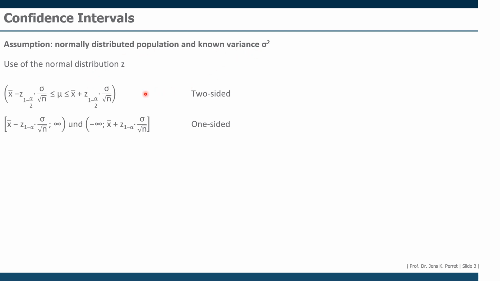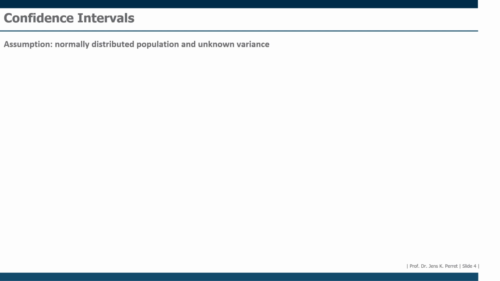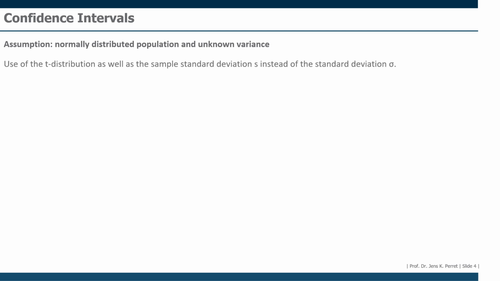Let's now, after we talked about this, discuss the version where we do not know our variance. That's the t-distribution version. Again, we assume a normally distributed population. We do not know the variance, so we use the t-distribution and calculate the sample standard deviation from our data.